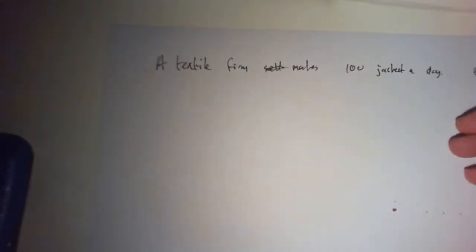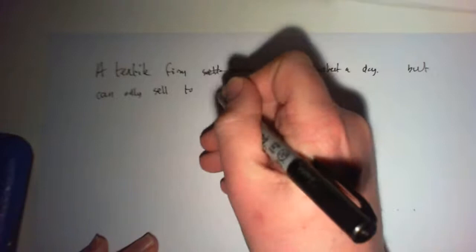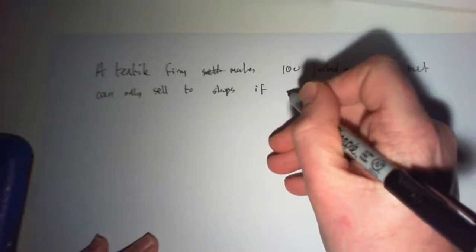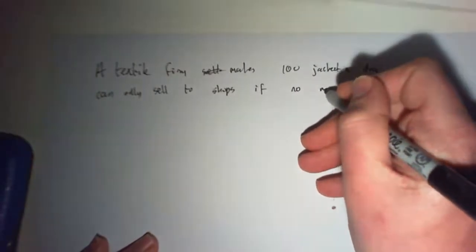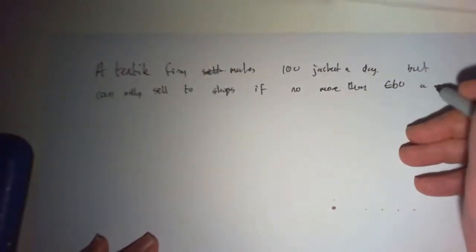A textile firm sells or makes 100 jackets a day, but can only sell to shops if it's no more than 60 quid a jacket.